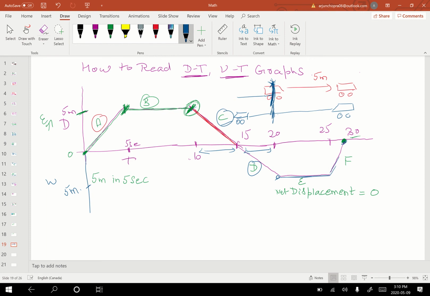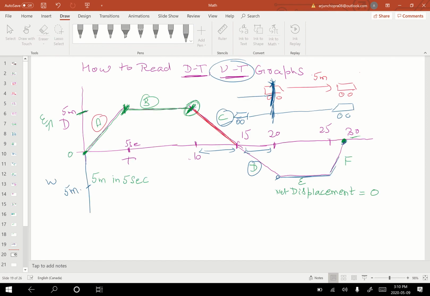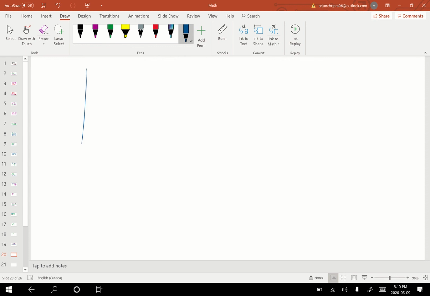Now we're going to look at the second graph, the velocity time graph. The velocity time graph is a little tricky compared to the displacement time graph. If this is the velocity time graph drawn like this, with velocity east in this direction, and then it comes down here, let's first look at this one.